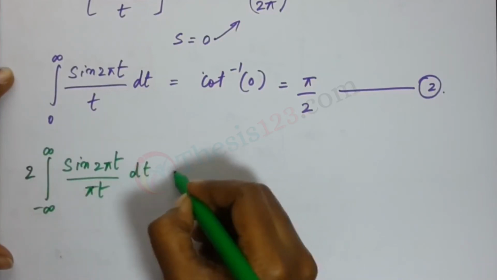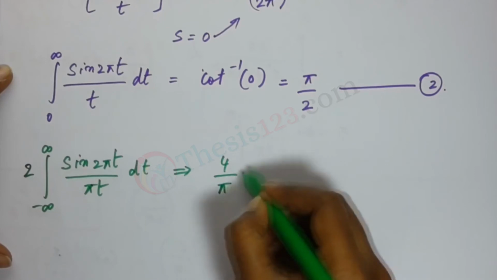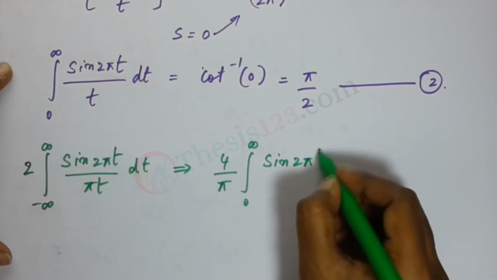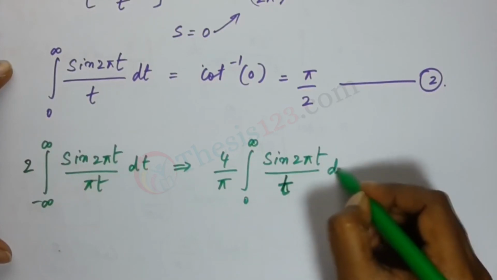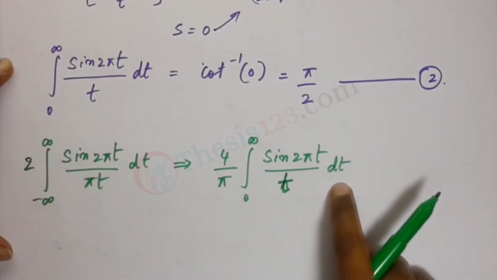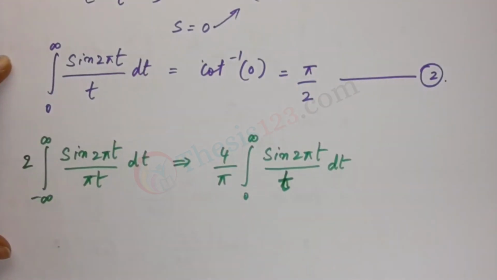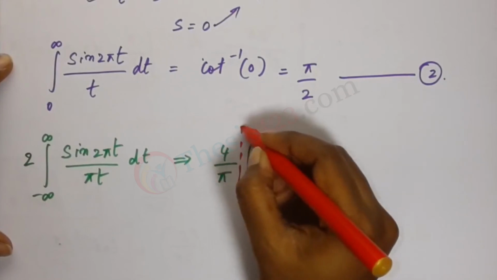This is what we started with, and we came to a point where we had 4 by pi times the integral from 0 to infinity of sine 2 pi t by t dt. Now that integral is pi by 2, that's what we have just worked out.